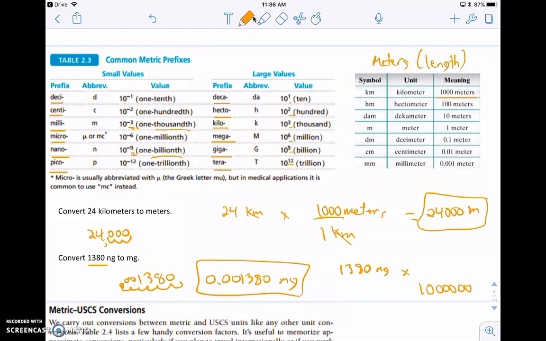So you'd say in here that 1 million nanograms is equivalent to 1 milligram, and then when you do that division, that's going to give you the 0.00138. So again, moving the decimal place is probably the most simplified way to go about this.